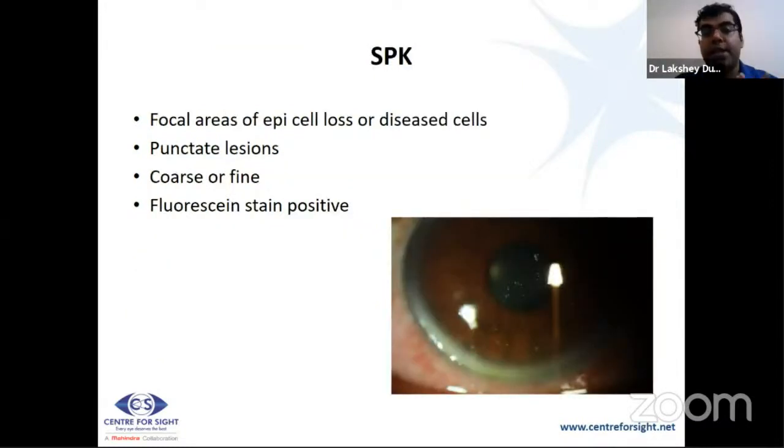Another sign is SPKs, superficial punctate keratopathy. They are focal areas of epithelial cell loss or diseased cells. Punctate lesions can be coarse or fine, and they usually stain with fluorescein.